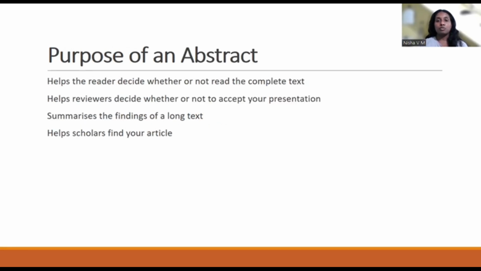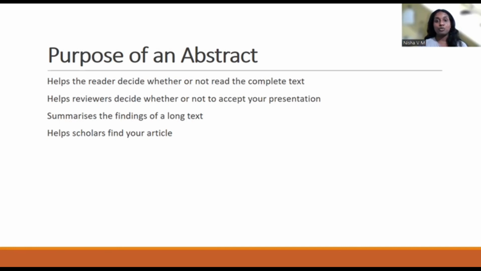What is the purpose of an abstract? Or when do we write an abstract? Abstracts are usually written when we submit research articles for scientific publications, or while writing a PhD thesis, or while registering for a conference. So, it helps the reader decide whether to read or not to read the complete text.